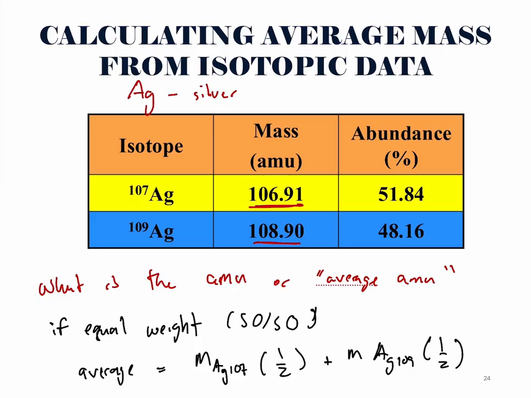What that's going to look like is the mass of Ag107 times the percentage of how abundant it is, 0.5184, plus the mass of Ag109 times its abundance, 0.4816.